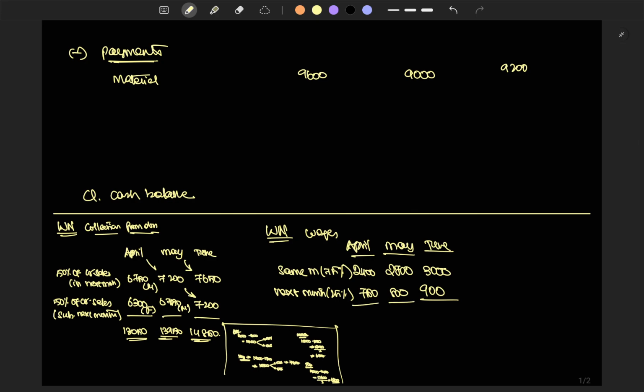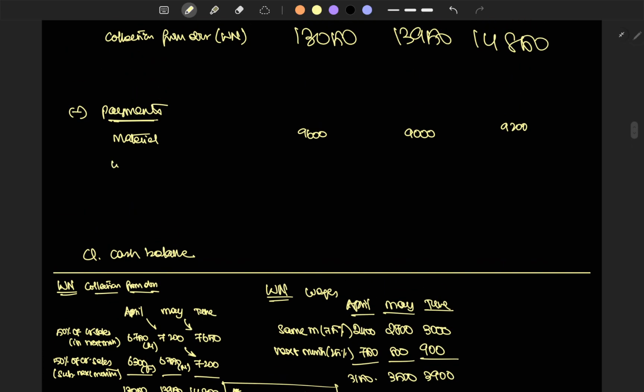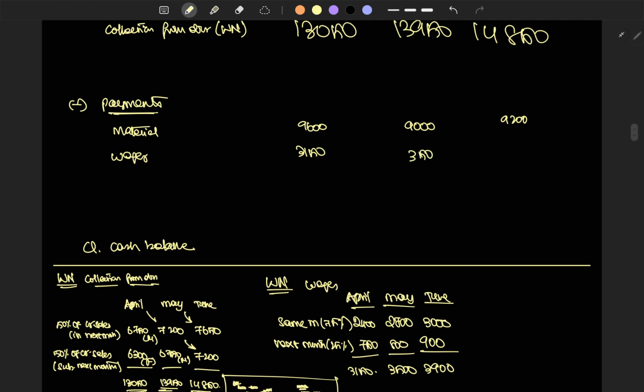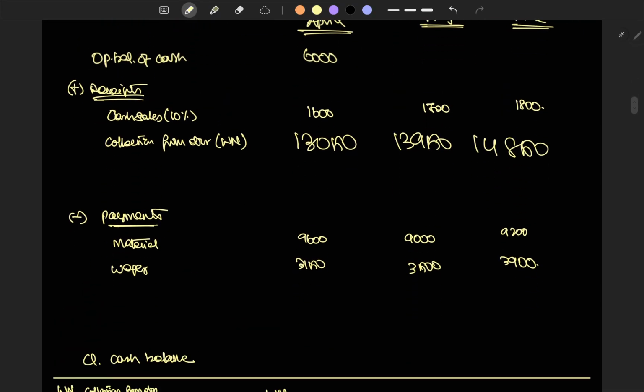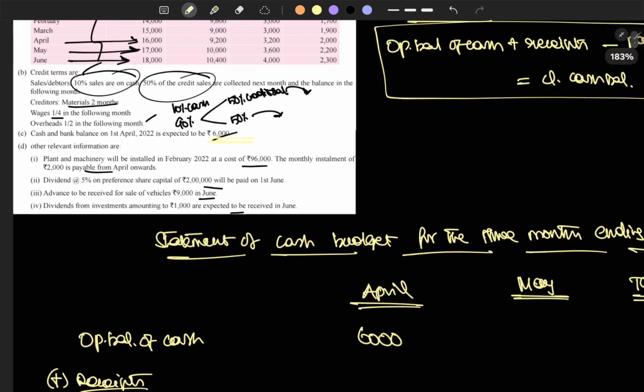So let's total it up. 2,400 plus 750, which is 3,150, and then 2,700 plus 800, which is 3,500, and then 3,000 plus 900, which is 3,900. Wages: 3,150 paid during April, 3,500 for May, and 3,900 for June.